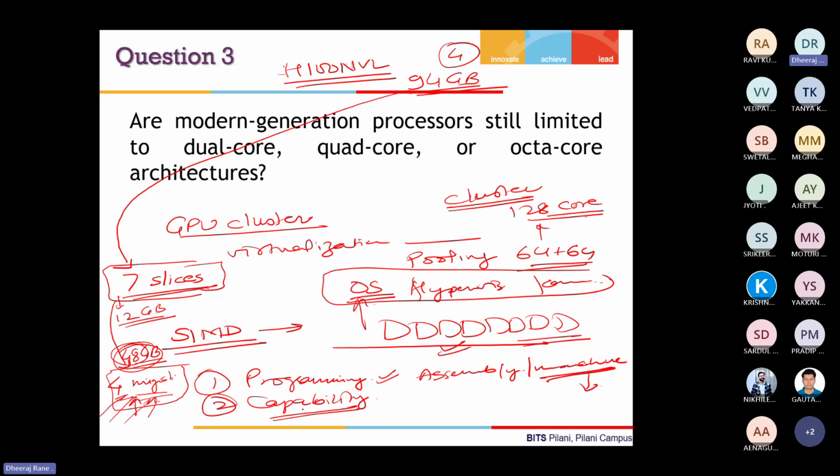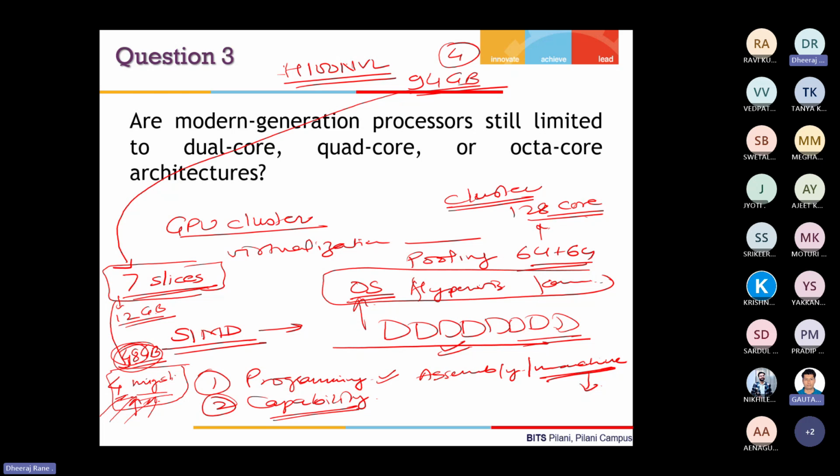Beyond the limit, if your operating system is not utilizing the increase in the number of cores because it has not been considered within the whole operations, then it will not have any impact.